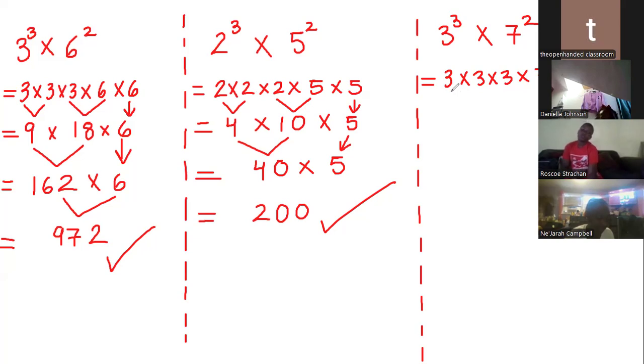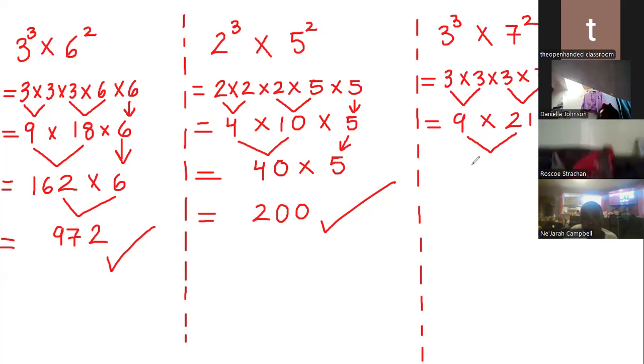3 times 3 equals 9, very good, and 3 times 7 equals 21. Very good. And then we bring down the 7. Very smart. Then 9 times 21 times 7.